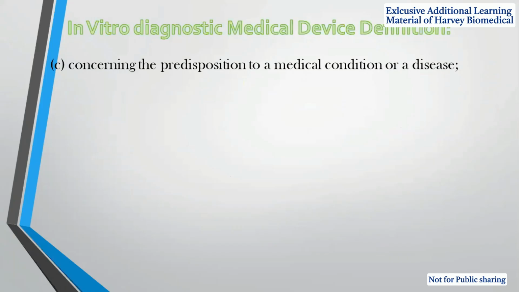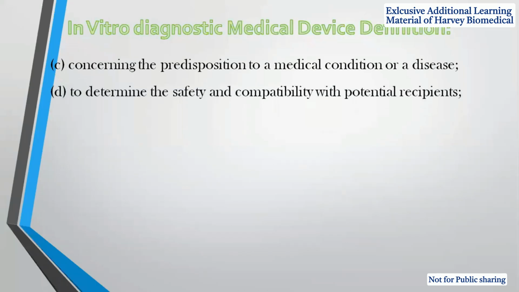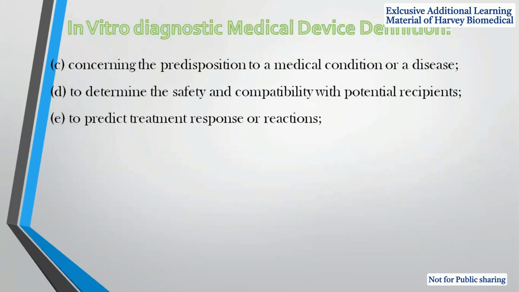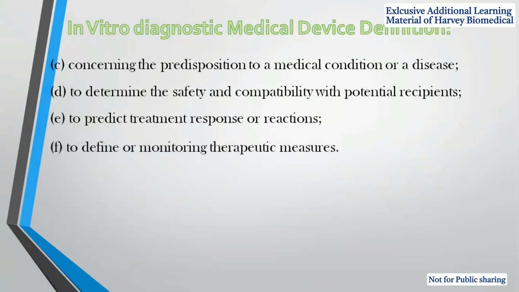If you see, whenever they are going to do surgery, they will check your medical condition or your disease condition. After that only, they will go for the surgery. And to determine the safety and compatibility with the potential recipients, and to predict treatment response or reactions, and to define or monitor therapeutic measures.